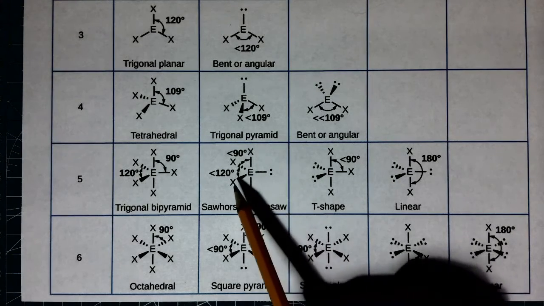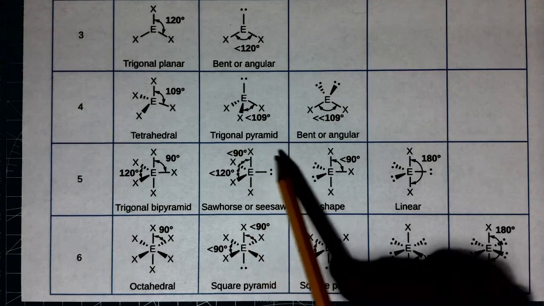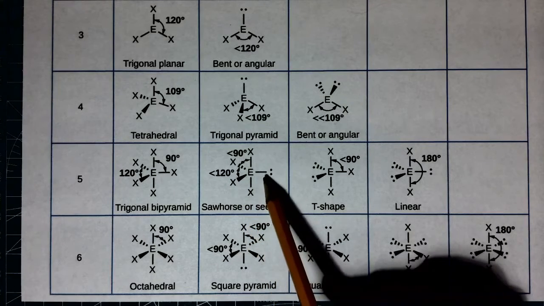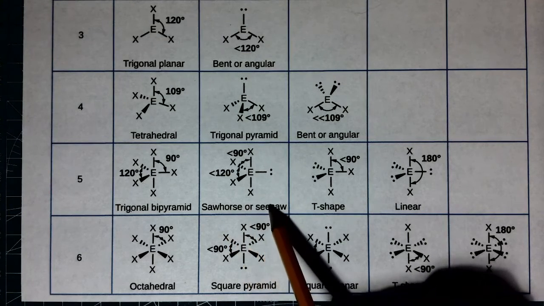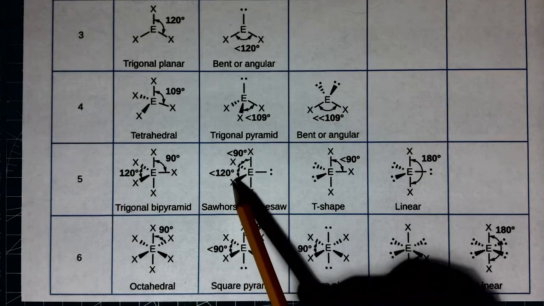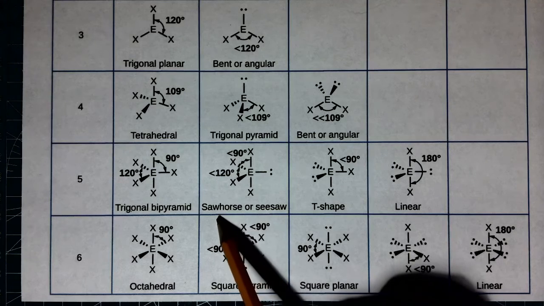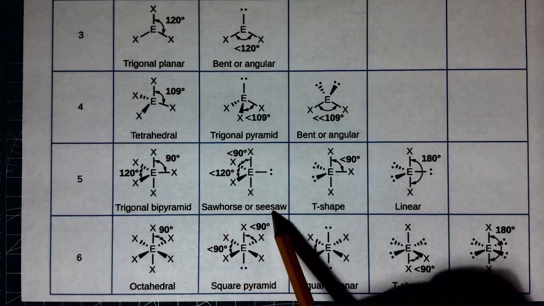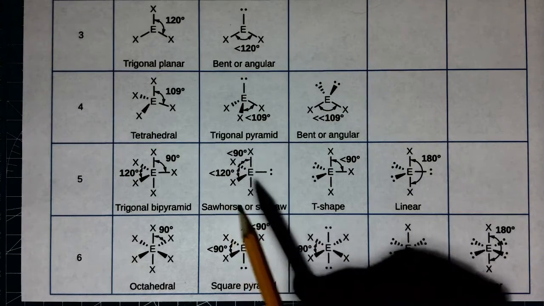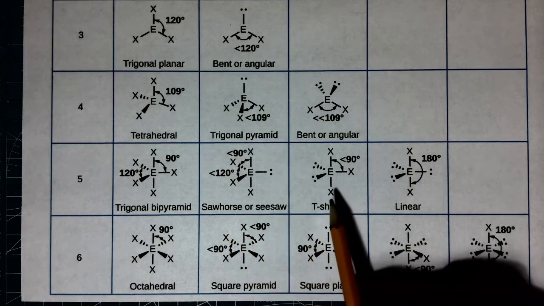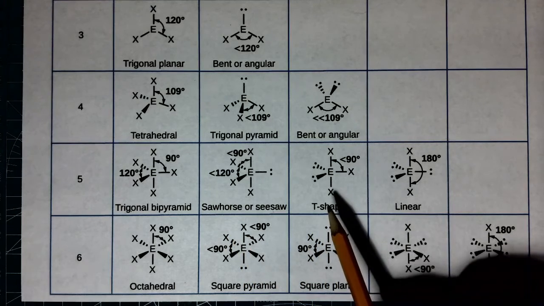But it's going to be 120 degrees away from these other guys. So it's going to prefer the equatorial position. And this actually leads to a pretty funny looking thing where we kind of squeeze all these together, and these even start to kind of move out of plane a little bit. And we call that the sawhorse or the seesaw shape, which looks kind of silly. Maybe I'll put a GIF up for you guys so you can see what that looks like.